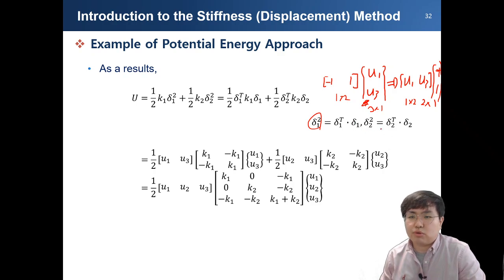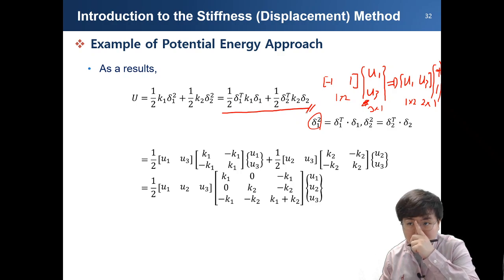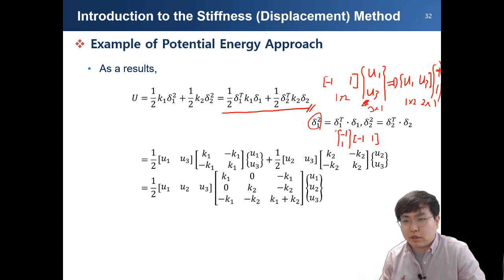And then delta 2 can also be changed by multiplying the transpose of delta 2 and delta 2, so that the internal structure looks like this. And then the inside part is maybe minus 1 and 1, minus 1 and 1.